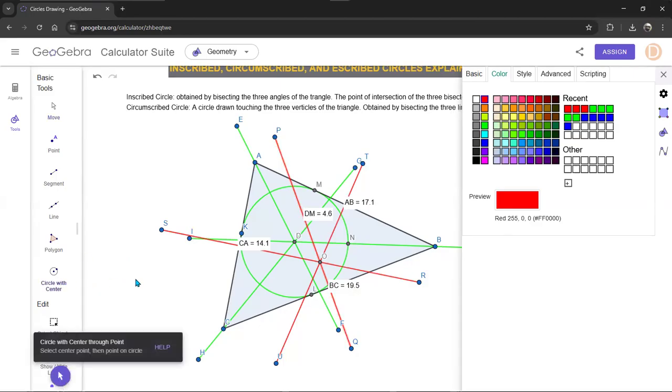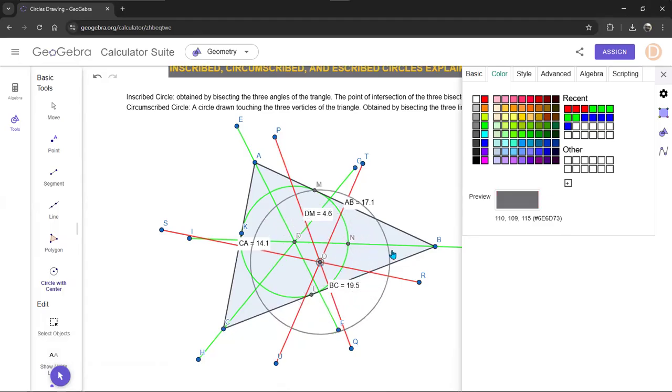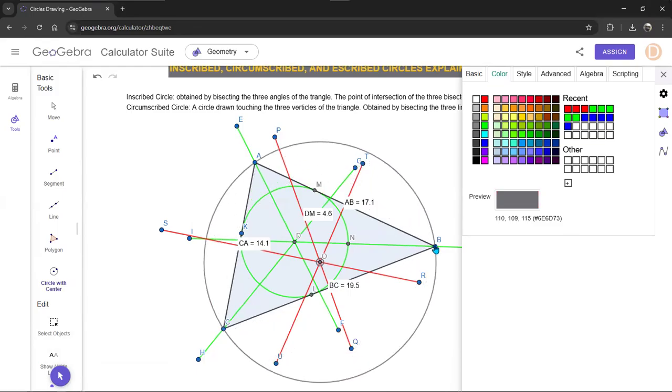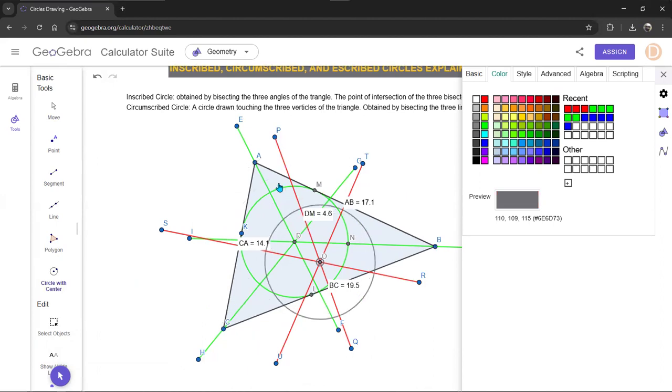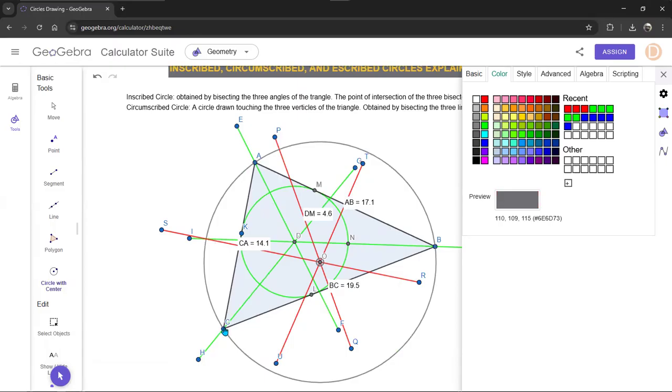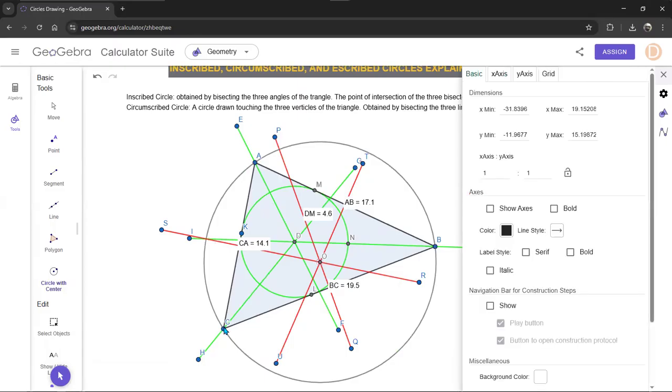When you're using the compass, your tip, the pointer, should be at this point. This is the center O. And then the pencil part can be at any vertex. If you choose B, or A, or C, they will all give you the same answer, provided you have the right bisectors.